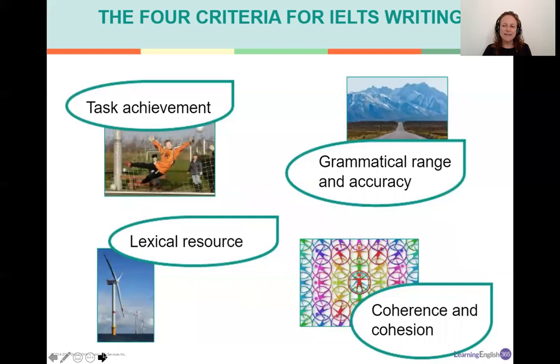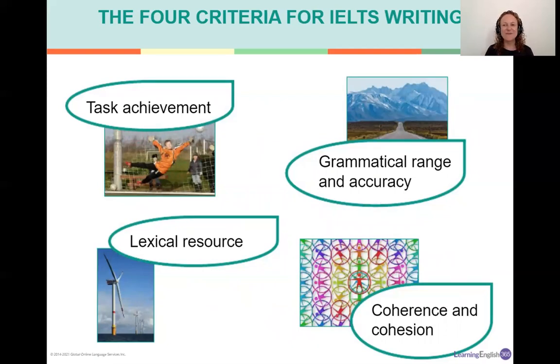So down to the details now then. The 4 criteria that are used for marking the IELTS writing test, whether you're general training or whether you're academic, the same criteria apply. And that is task achievement, lexical resource, your vocabulary, your grammatical range and accuracy.